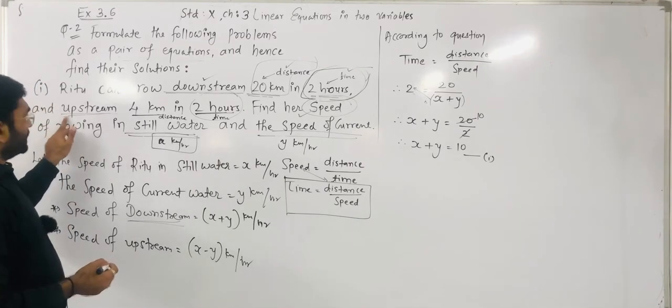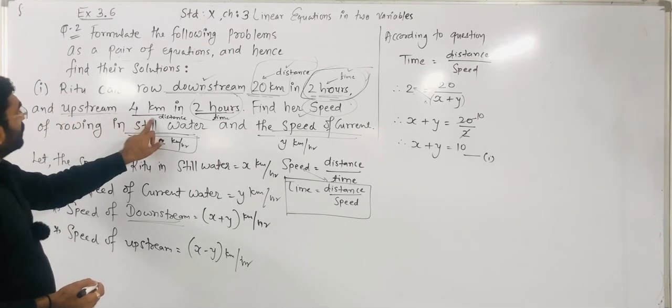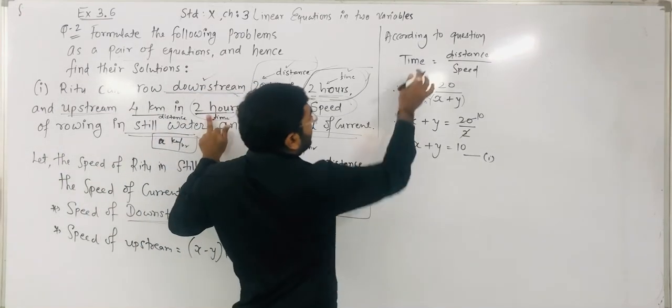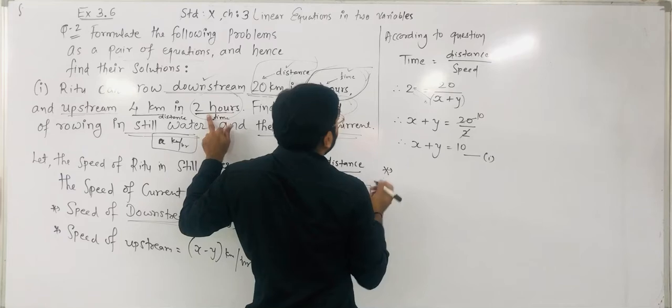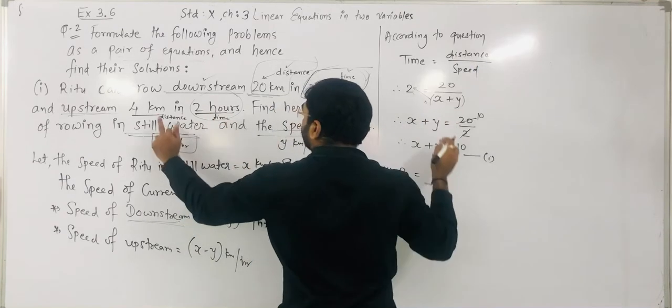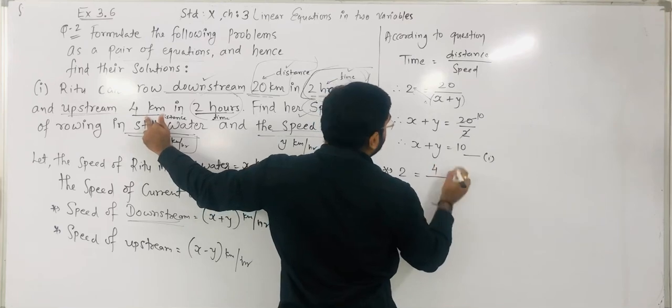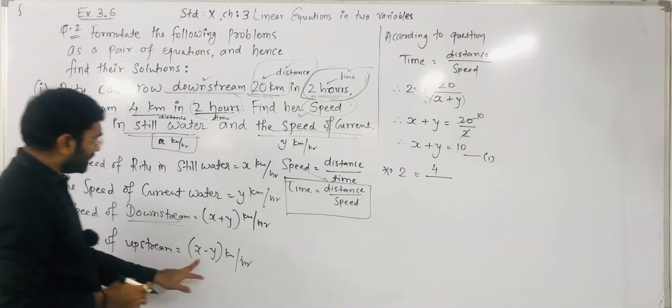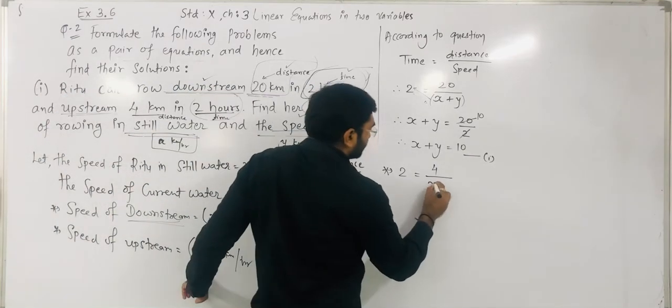Now from the second condition, upstream, we go 4 km and the time is 2 hours. In the same way for the upstream, time 2 is equal to distance 4 divided by the speed of upstream, which is x minus y.